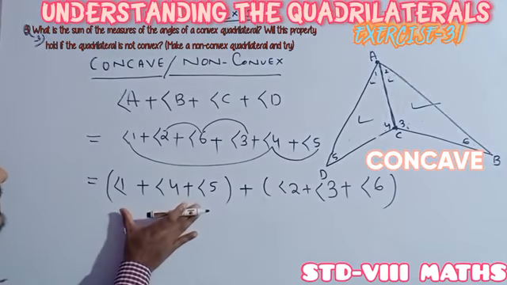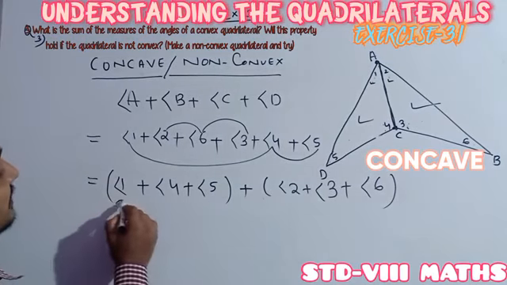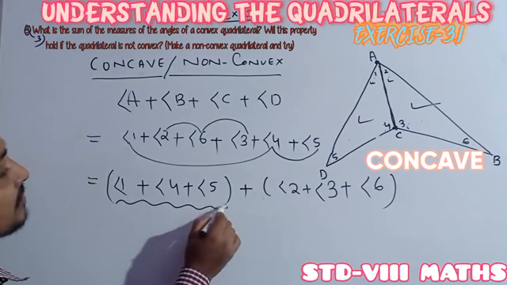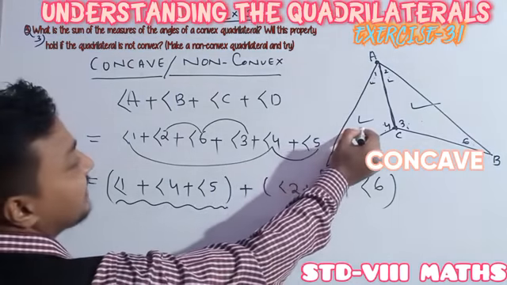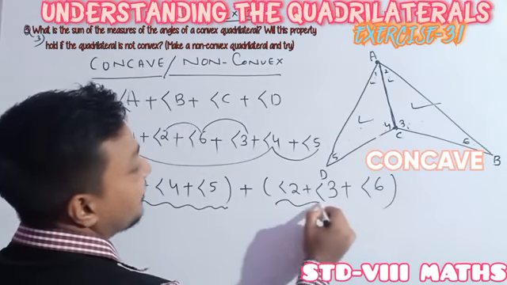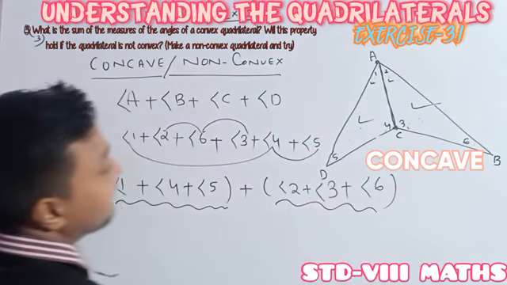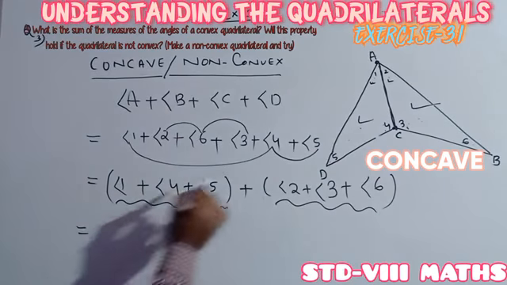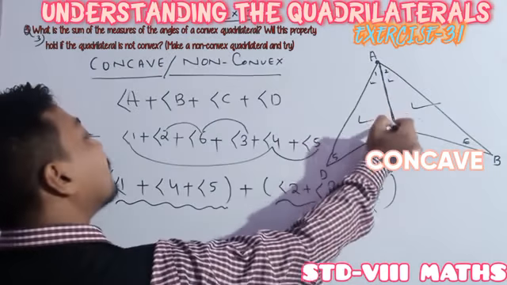Why did I separate it into two groups? Because in this group we have the interior angle sum of this triangle, and these 3 are the interior angle sum of the other triangle. Here it is angle 1, angle 4, angle 5.